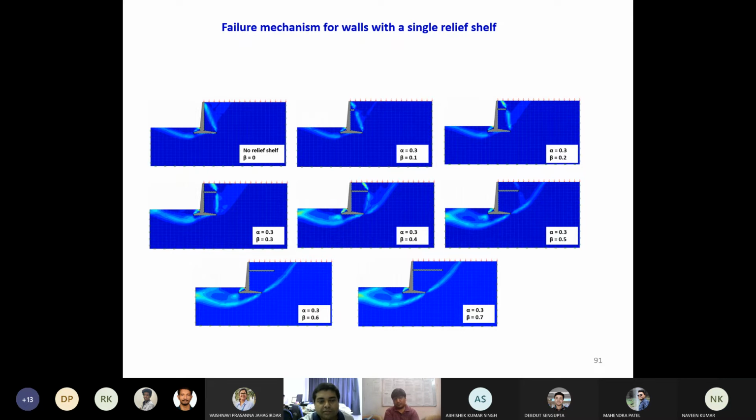Now, if your height of the stem exceeds and this slip line intersects the stem of the wall, in those cases we will have a large amount of tensional distress. So that also gets taken care of through this slip line inclined towards the stem of the wall itself. Okay, thank you. I hope, Vinay, I told the right thing.